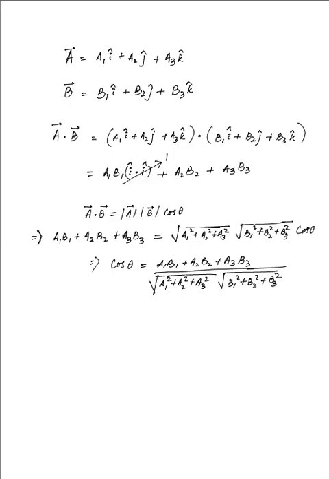This is the expression that you can use to obtain the value of the cosine of the angle between the two vectors, and from that you can obtain the value of the angle as well, taking the anti-cosine or the inverse cosine as we call it.